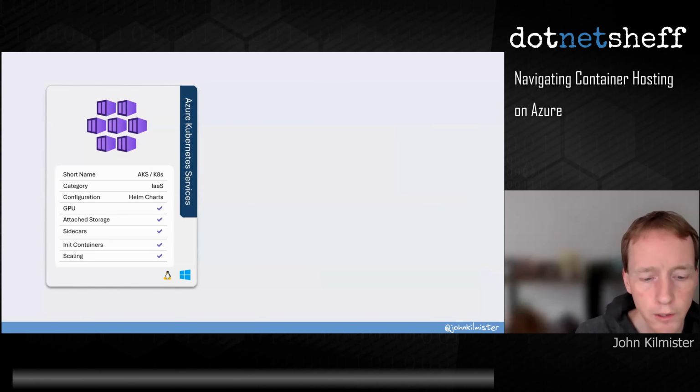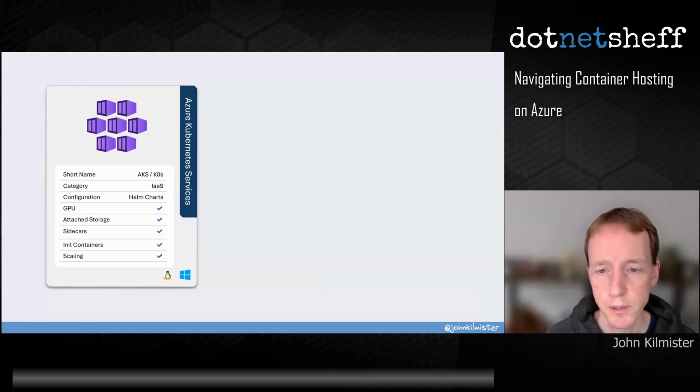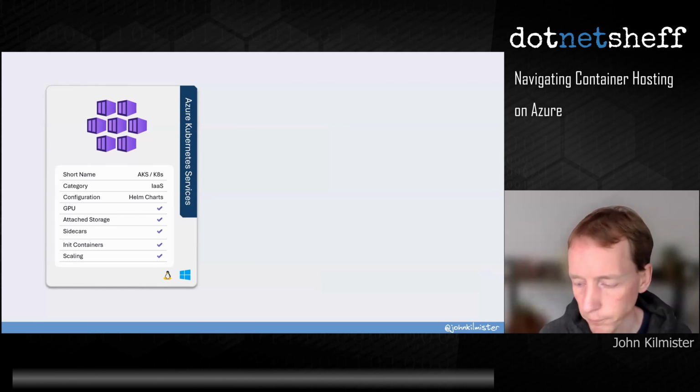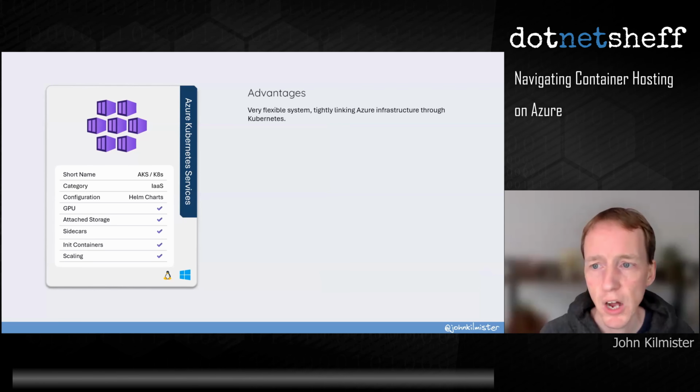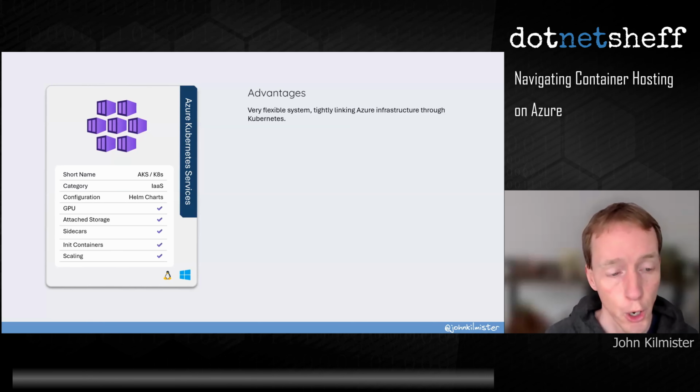And because we are using Kubernetes, it is super, super flexible. It's tightly linked to the Azure infrastructure as well. So because we're using Azure Kubernetes Service, what Azure is bringing to this is that when inside Kubernetes you say, I want a new node pool, behind the scenes, that's creating you a new VM scale set, and that's Azure infrastructure.